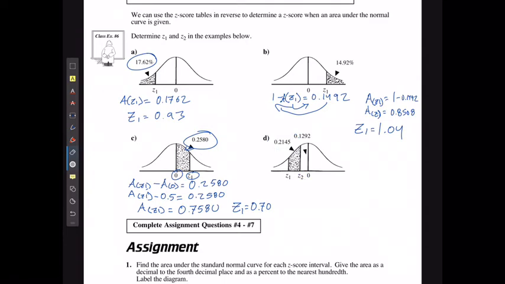Z2 is going to be the same as the area of Z0, filling all the way to the left here, minus the area in between here, and that's going to tell me everything to the left. So if I'm stating just what I want for the left area here, it's going to be the halfway mark minus that 0.1292.